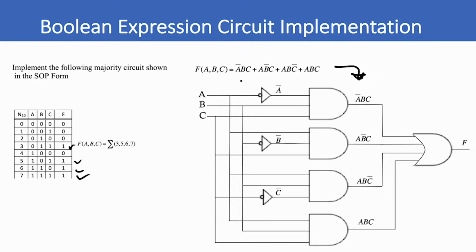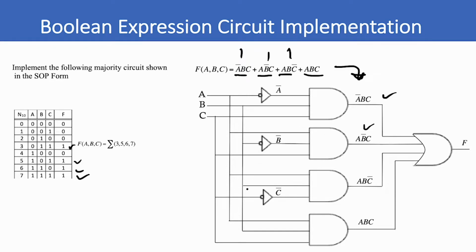Okay, here's a circuit implementation of this Boolean expression. Again, this is the minterm product terms for 3, 5, 6, 7. The first one is A bar B C. So we have A, we invert it, so we have A bar times B times C. The second one is A B bar C. We have A, then B inverted to B bar, and then C. The third term, A B C bar.